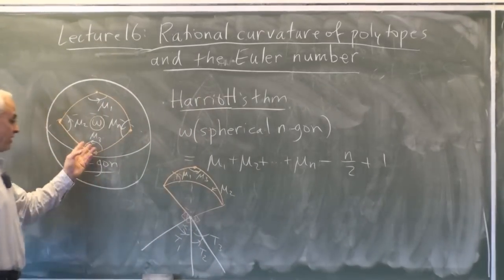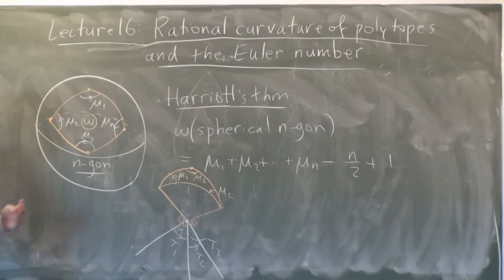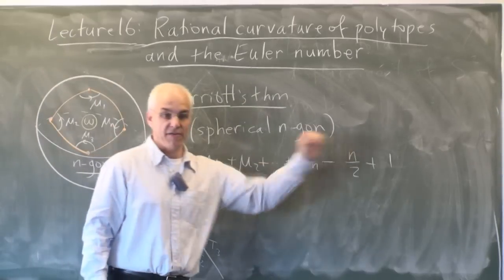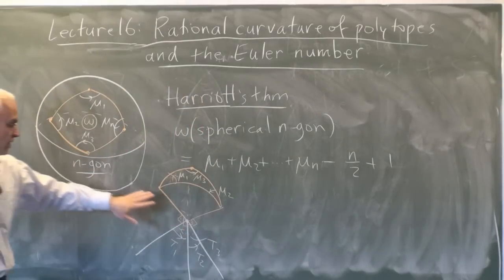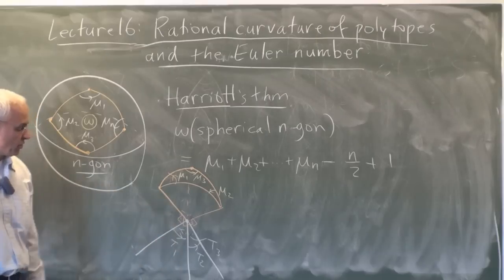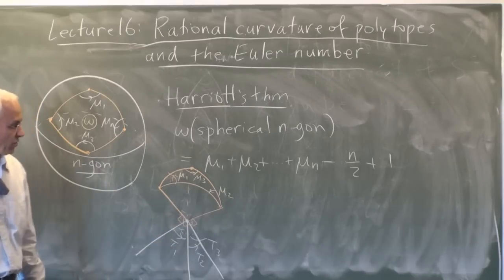In the important special case n equals 3, a triangle, it's the sum of the 3 internal tangles minus a half. That's the situation we're using to define the curvature of the polytope.